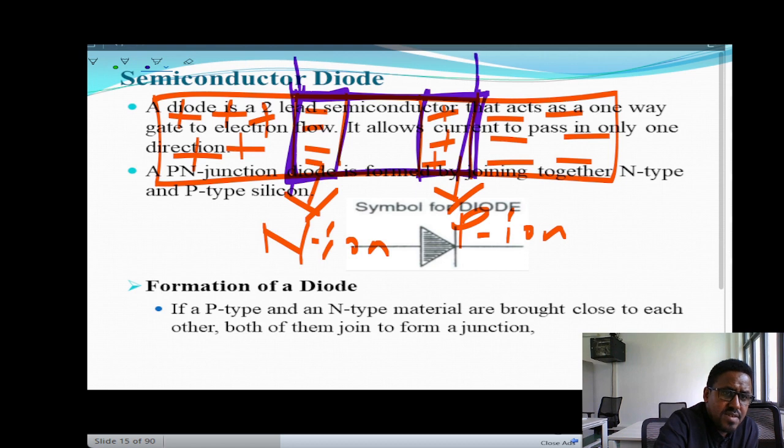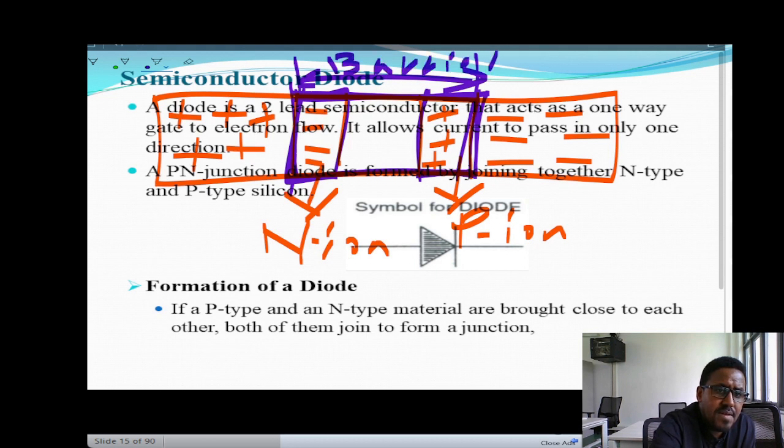This region acts as a barrier between P-type and N-type materials.